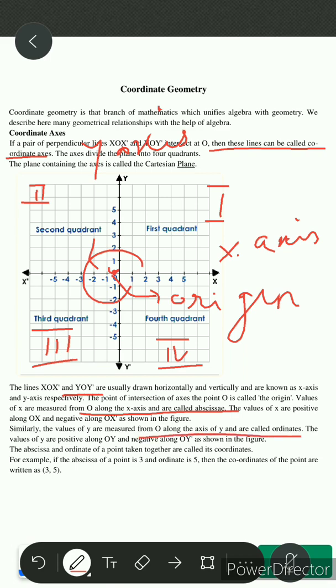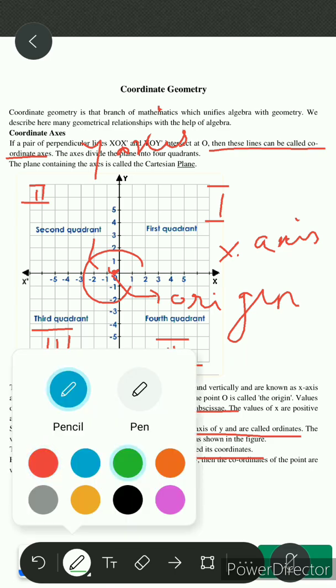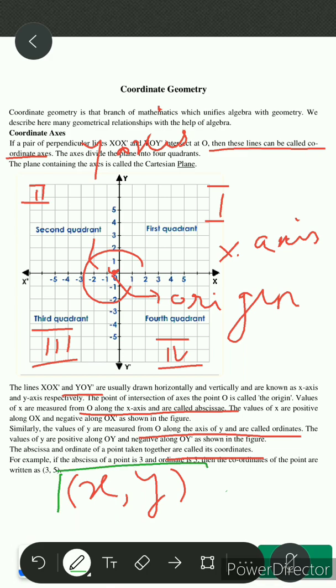The abscissa and ordinate together make the coordinate. All the points on these coordinate axes are represented by an ordered pair. We always write down x value first and then y value. We always represent it in an ordered pair. Remember this.